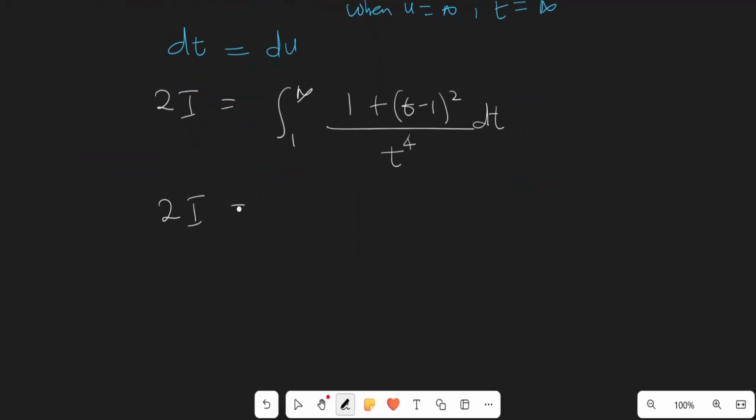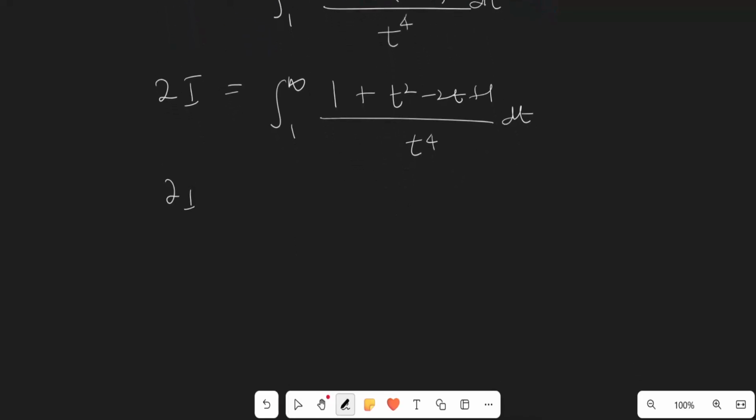So 2I is going to be the integral from 1 to infinity of 1 plus, foiling that, t squared minus 2t plus 1, all over t to the 4th dt. 2I is going to be the integral from 1 to infinity of t squared minus 2t plus 2 all over t to the 4th dt.